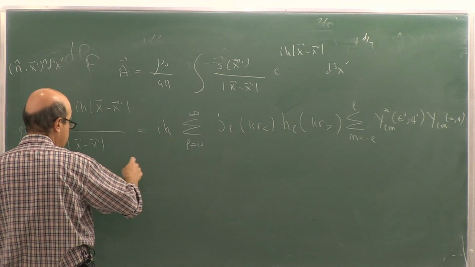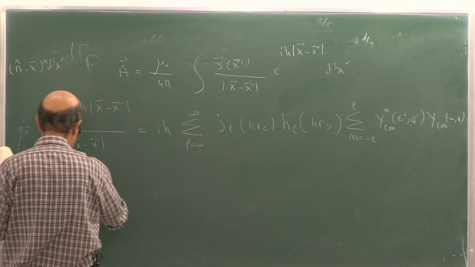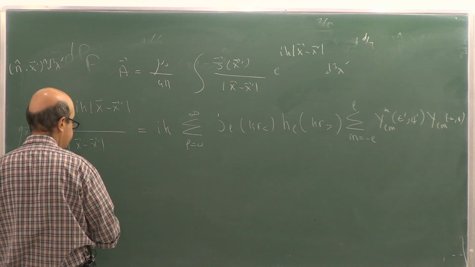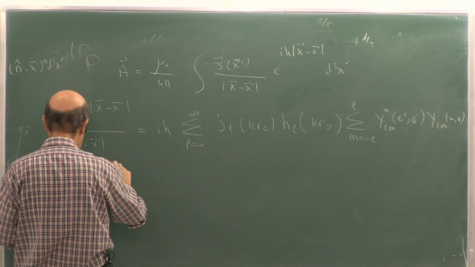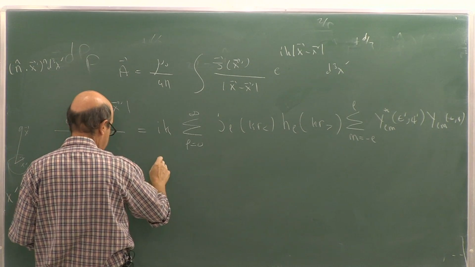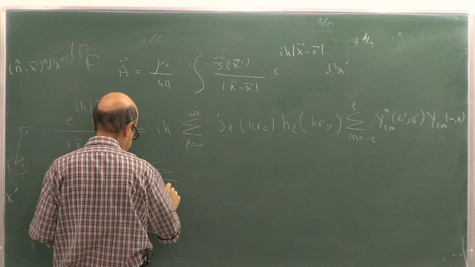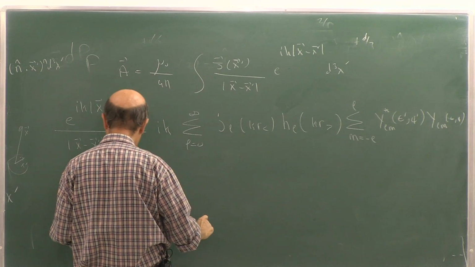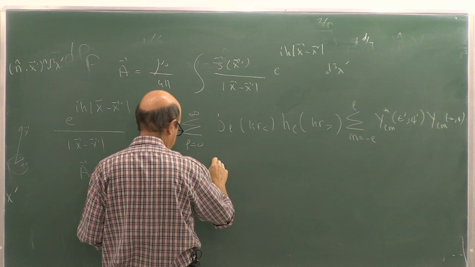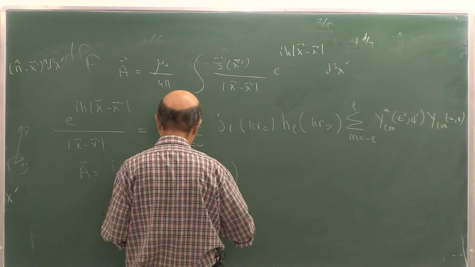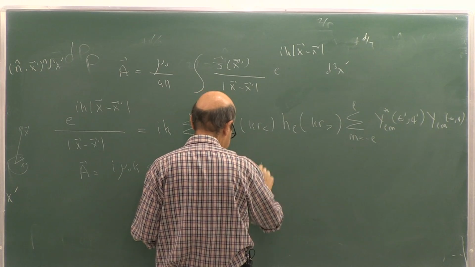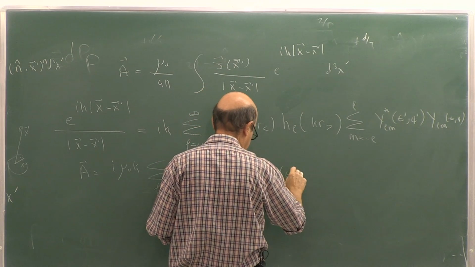And if you take this and plug it there, you will have the exact vector potential. Let me write it quickly: i mu0 k, the summation over L and M, L from 0 to infinity, M from minus L to plus L, h_L(kr), where r, the greater, should be r, Y_LM(theta, phi).